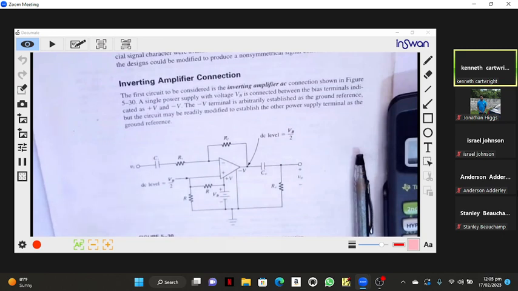What kind of reactance do you think we need CI to have? I'd say for it to be high.